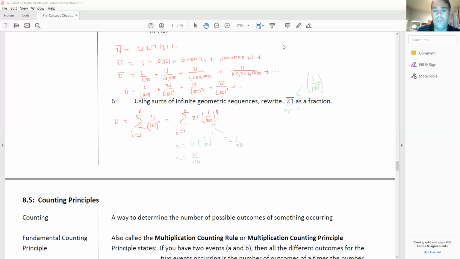So if I wanted to deal with my sum, I'd get S equals 21 over 100, so the first 2 decimals, over 1 minus the ratio. So we have 21 over 100 over 99 over 100.